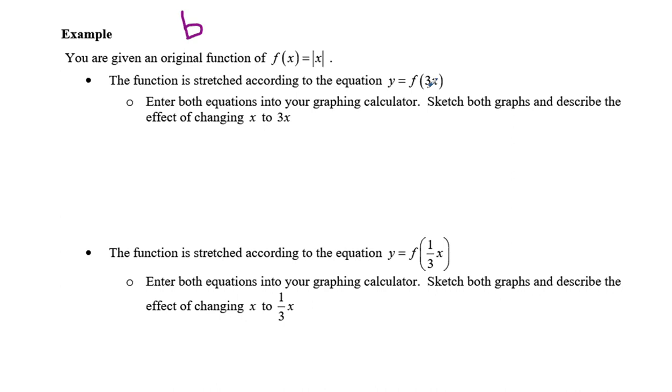It's actually 1/3 as wide. This thing down here is not 1/3 as wide. It's actually 3 times wider. So you've got to be very careful with B. B is a horizontal stretch, but B is not the value of the horizontal stretch. B is the reciprocal of the horizontal stretch.